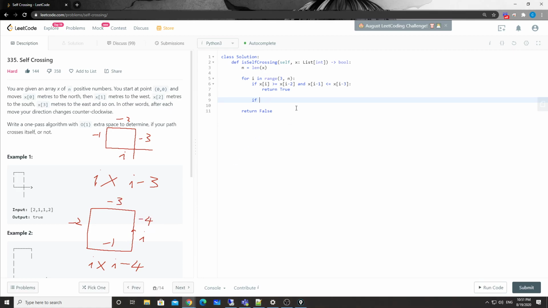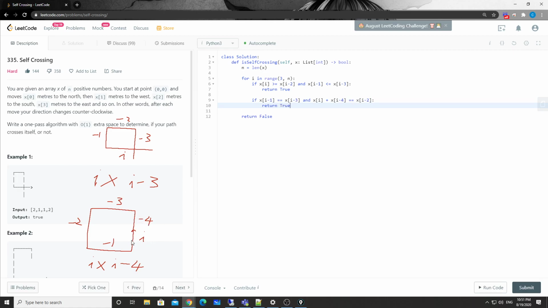For this case to happen, the first thing is that I minus 1 and I minus 3 have to be the same. Basically, if I minus 1 is equal to I minus 3, and xi plus xi minus 4 is equal to xi minus 2, then we return true here.